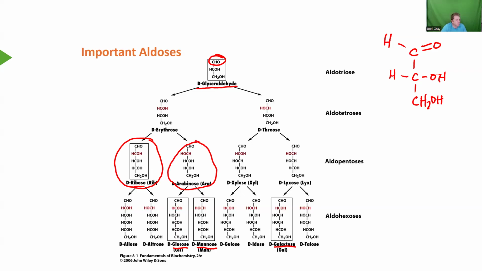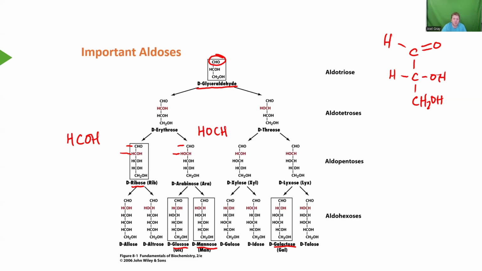So if you look at arabinose and ribose, let's start at carbon number 1 for both of these. They both show up as CHO. Now let's go on to carbon number 2. Okay. In ribose, we have HCOH. Compared to arabinose, you have HOCH.